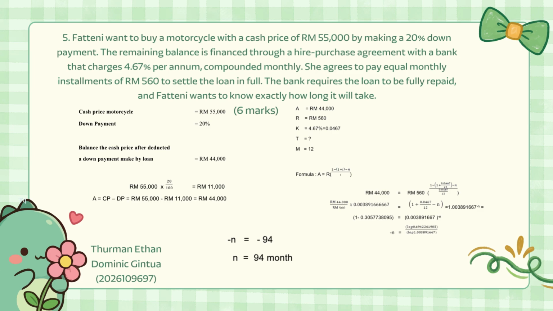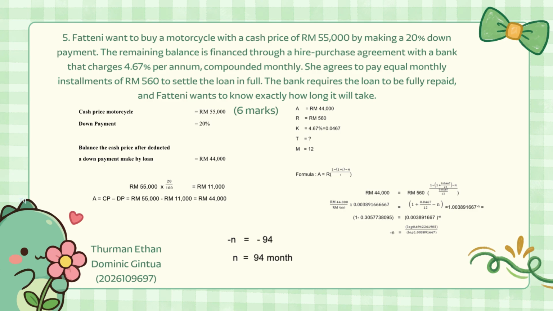To find the number of months required, we use the present value of annuity formula. We know our monthly payment R is 560 ringgit, and the monthly interest rate i is 4.67% divided by 12.